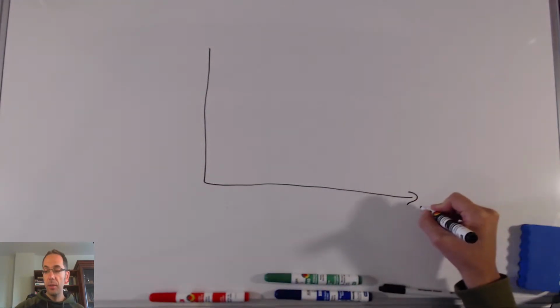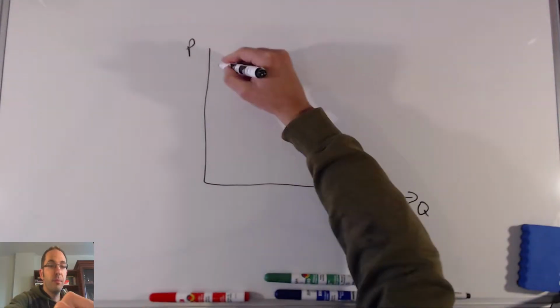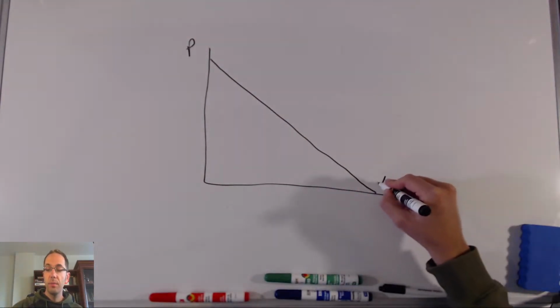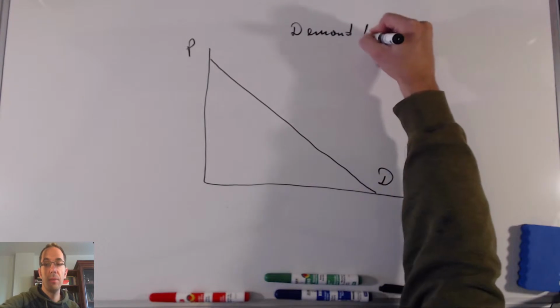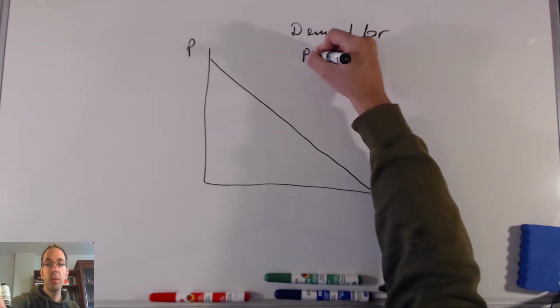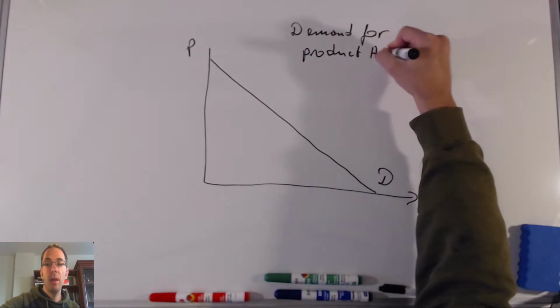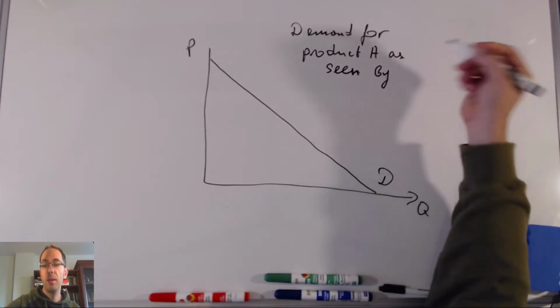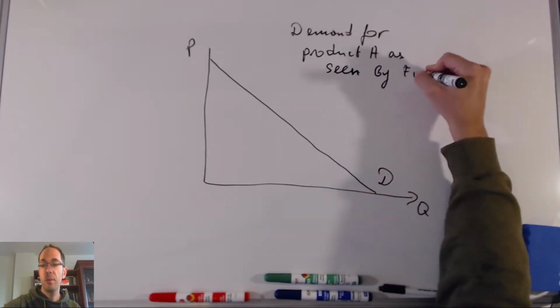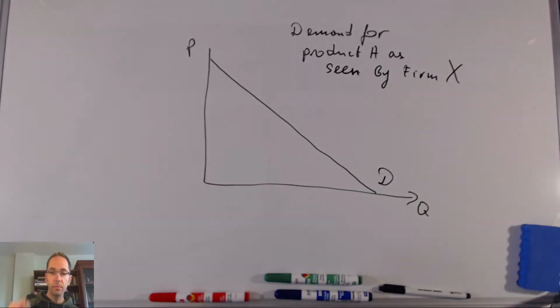So let's say that we have a market. Okay, so this is demand for product A as seen by firm X. So this is not the whole market actually, this will be just a single firm, how it sees the demand for the product that it sells.